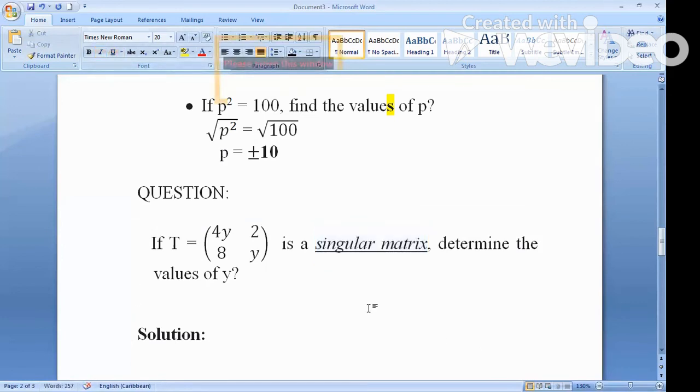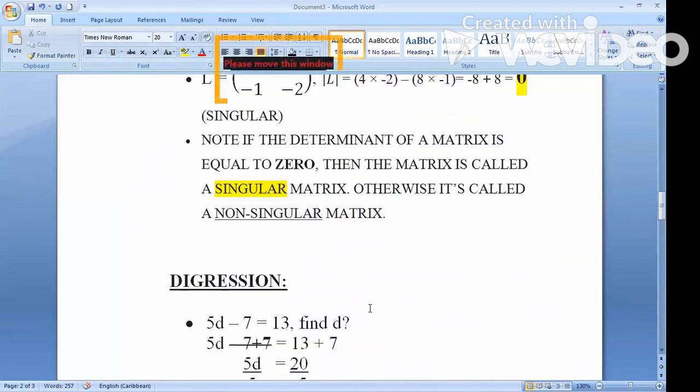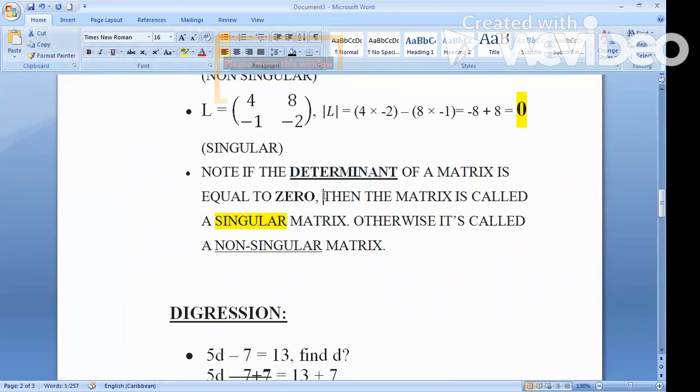What does that mean? Before you get the answer, what do we find of the matrix to get 0? The determinant. If the determinant is equal to 0, then it's called a singular matrix.